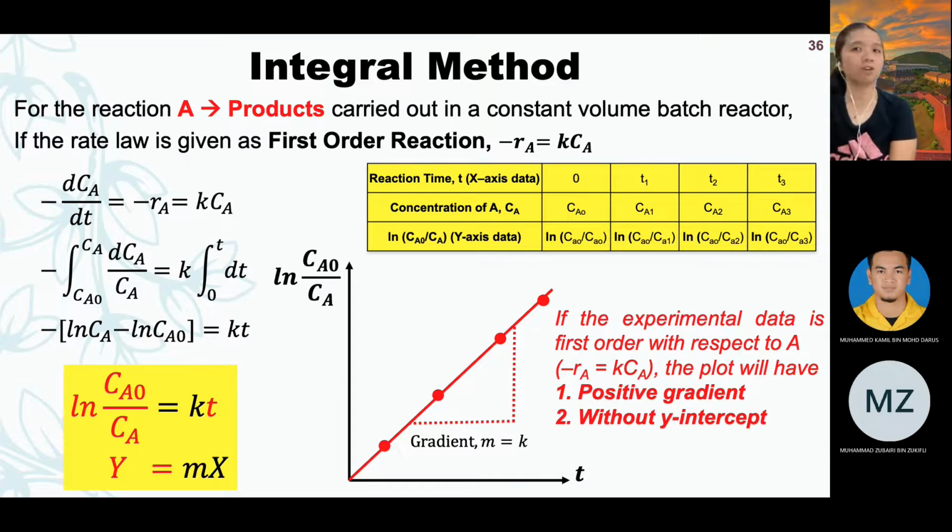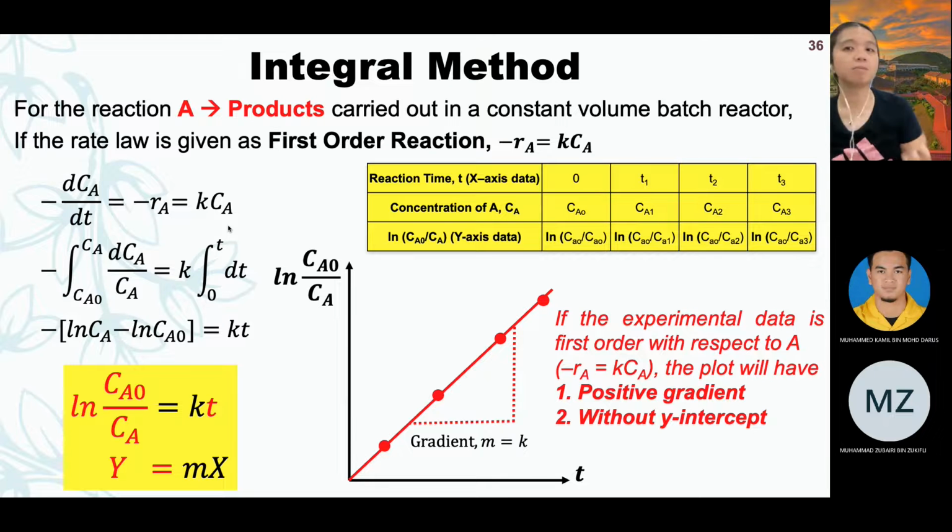Okay, so we start again from the very beginning. So negative dCA per dt equals to minus RA equals to KCA. Tadi equals to K sebab CA power 0 is still 1. So darab dengan K. Tapi ni first order with respect to CA. Sebab tu jadi KCA. So same concept, kita integrate belah kiri, kita integrate belah kanan, kita rearrange balik dalam bentuk y equals to mx plus c.